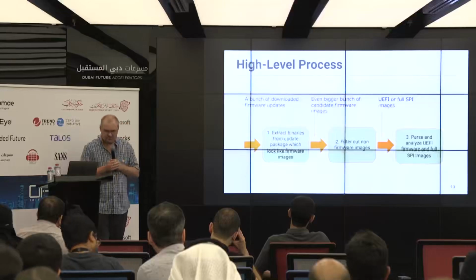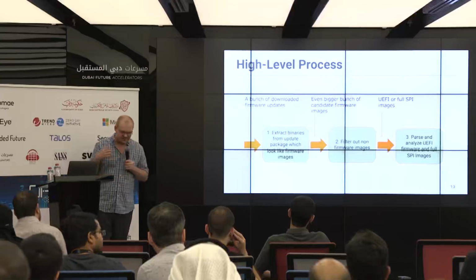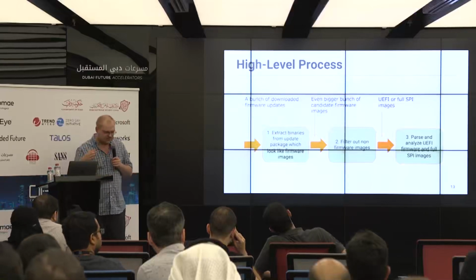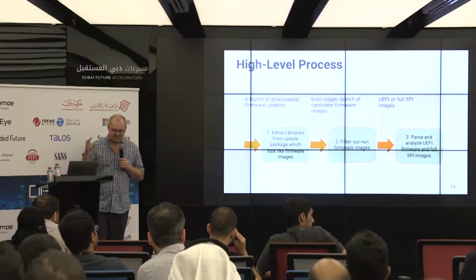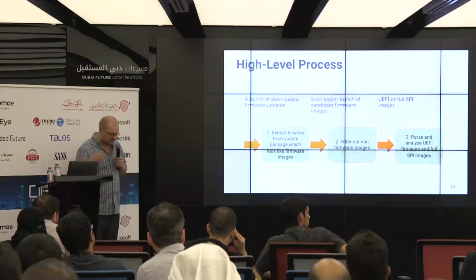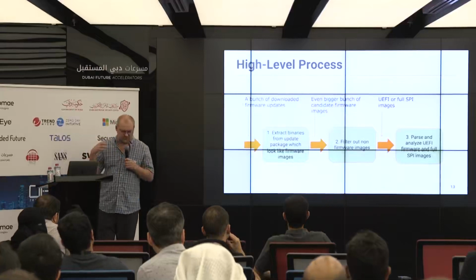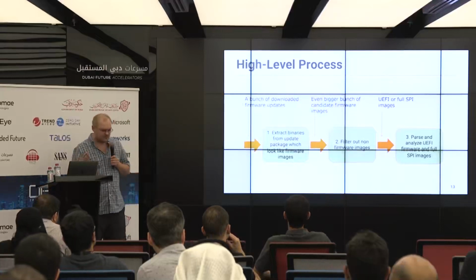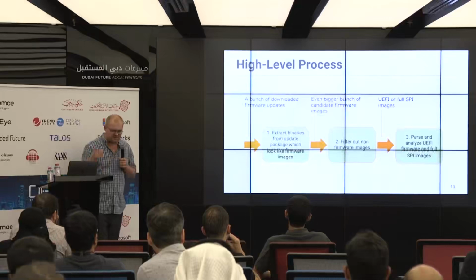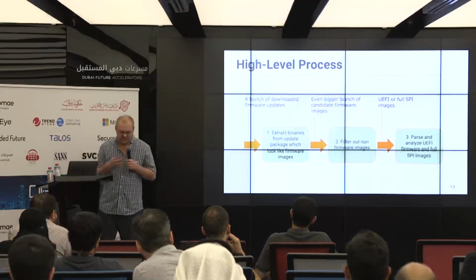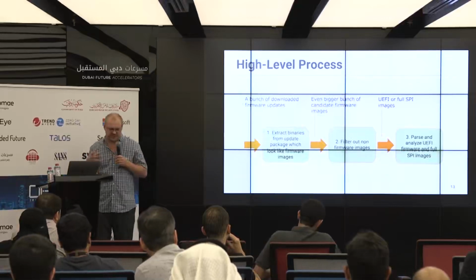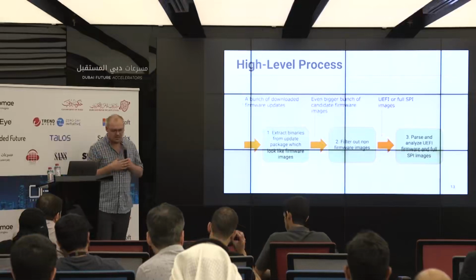Okay, so we built sort of a pipeline to get good candidates to run our algorithm. When we downloaded all of the firmware updates, we figured out that they all have different formats. They package it differently, and so on.